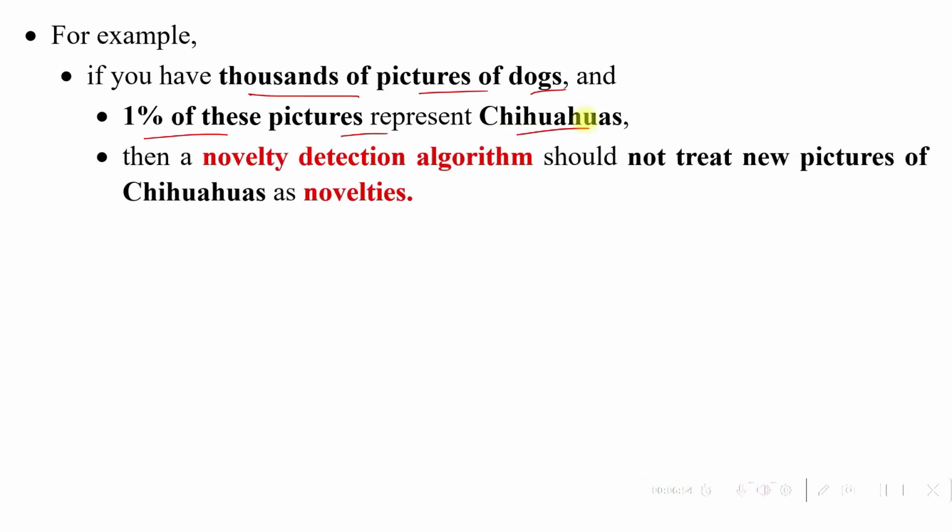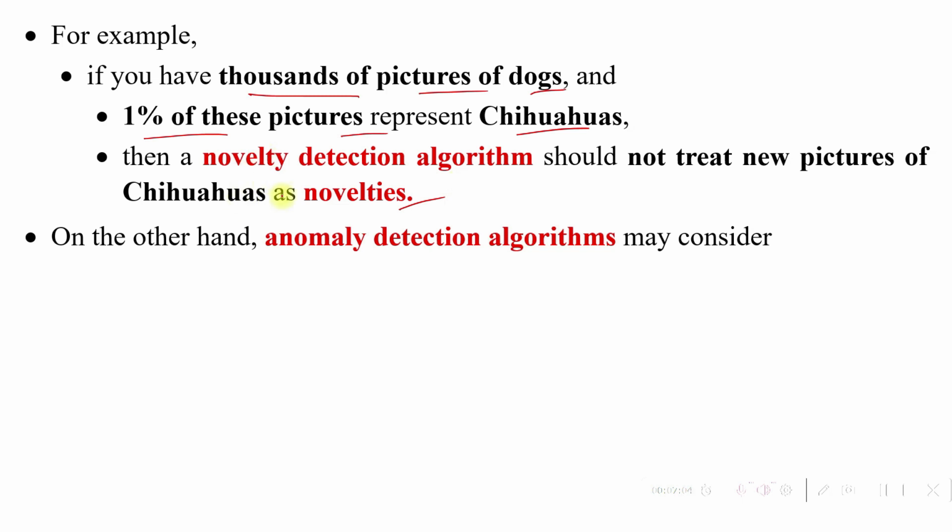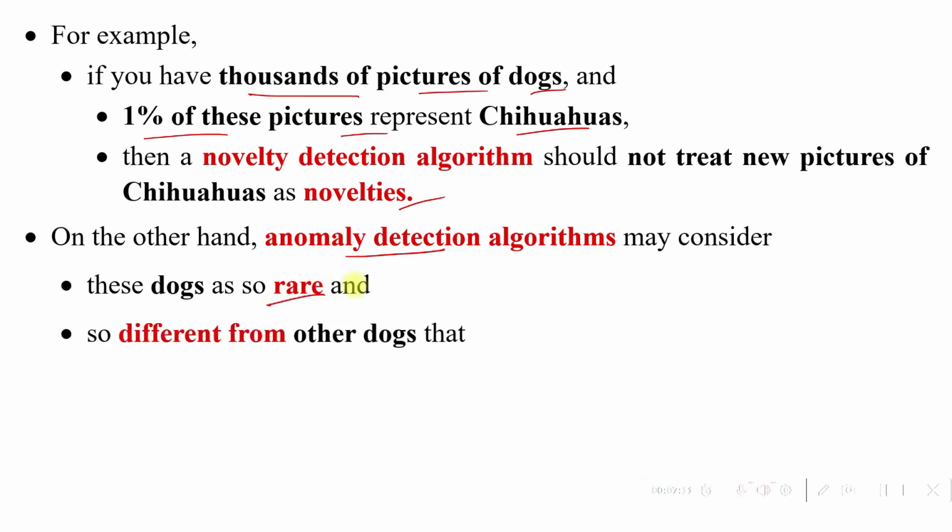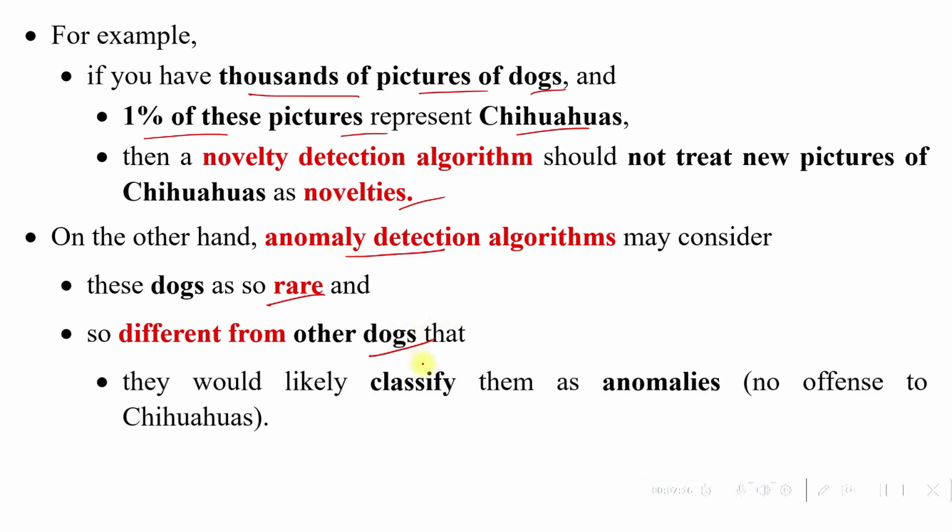For example, if you have thousands of pictures of dogs and 1% of these pictures represent chihuahuas, then the novelty detection algorithm should not treat new pictures of chihuahuas as novelties. On the other hand, anomaly detection algorithms may consider these dogs so rare and so different from other dogs that they would classify them as anomalies.